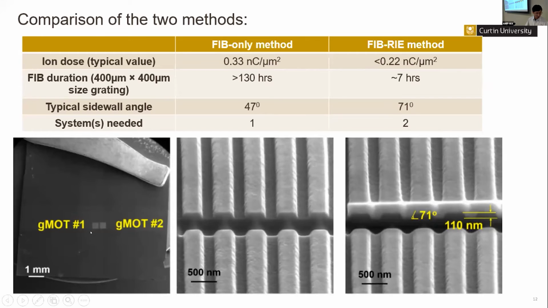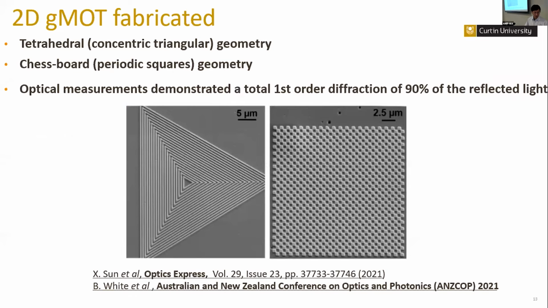The two gratings are each 400 by 400 micron size. That's a 1D grating that we have made, and that's a cross-section view of the structures. And apart from the 1D grating, we have also designed and fabricated a range of 2D gratings, including this concentric triangle geometry, as well as this chessboard geometry.